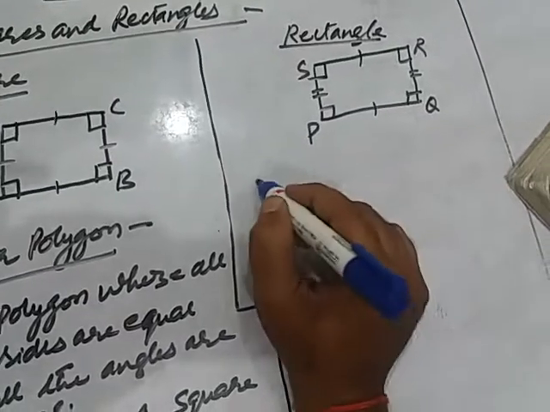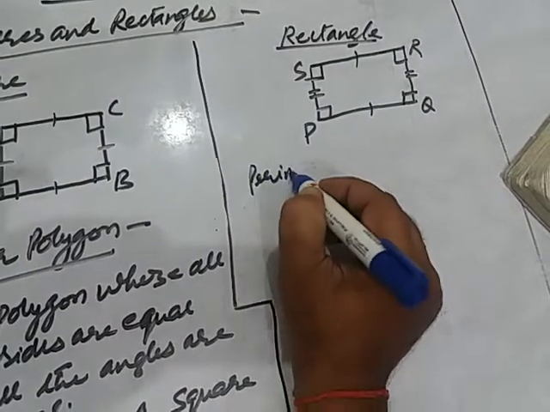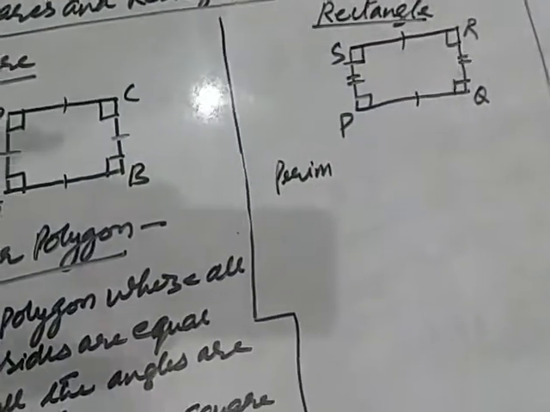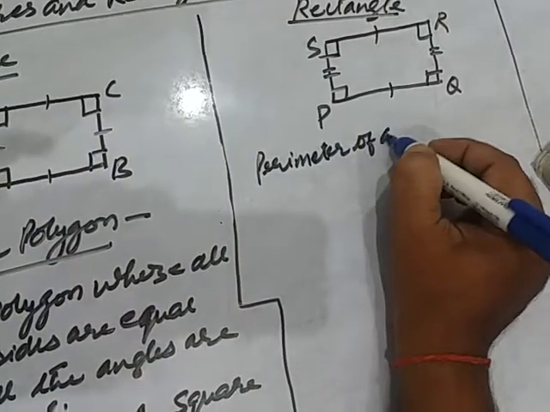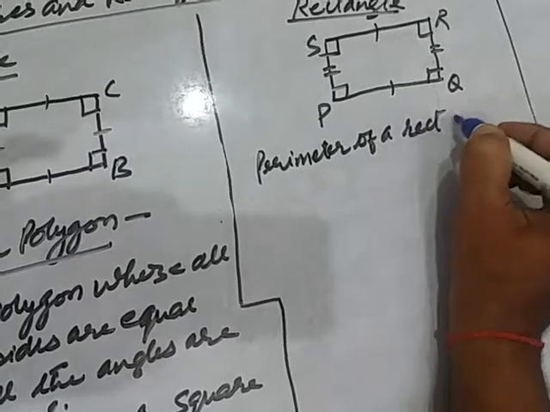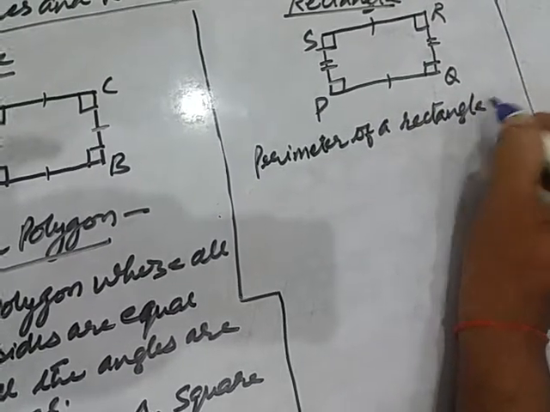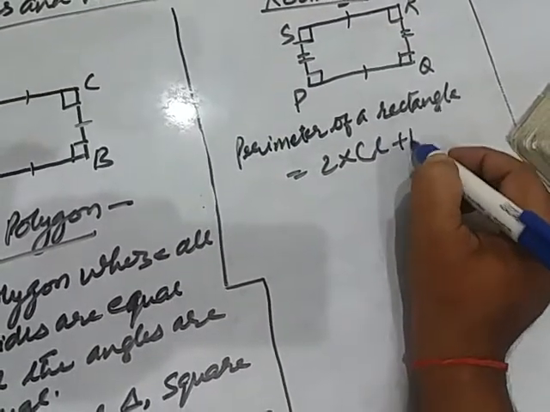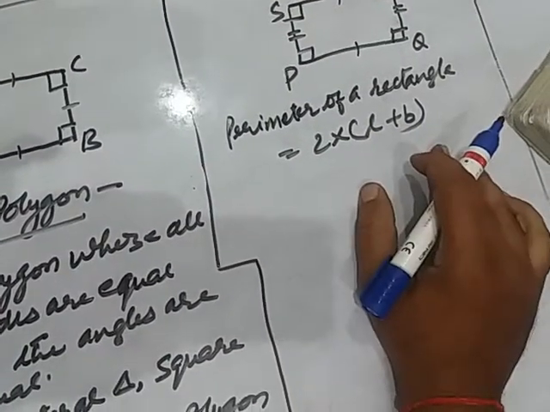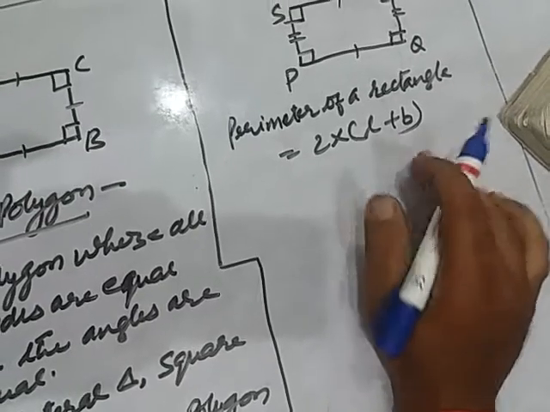Okay children. Now perimeter of a rectangle is equal to 2 into length plus breadth.